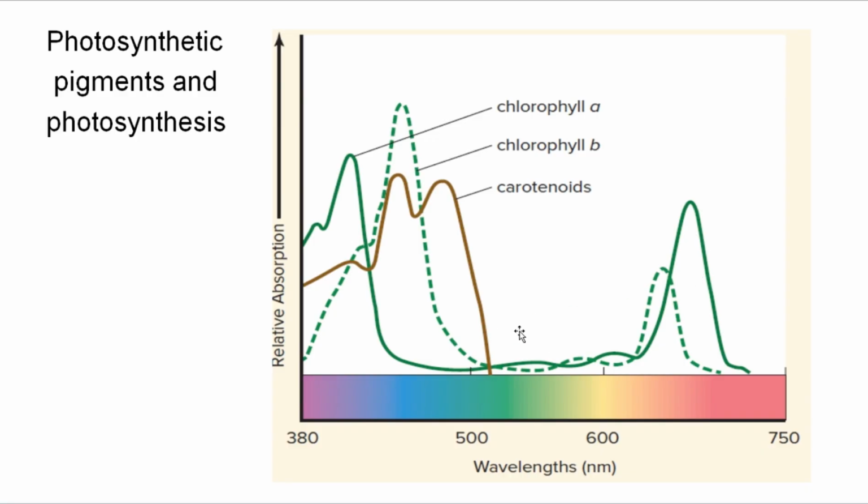And the minimum, the green light, is reflected. It is not absorbed by pigments. So this range from 500 to 600 is the green light that is reflected into the atmosphere. That is the reason why green plants or leaves look green, because this green light reflects into the atmosphere.